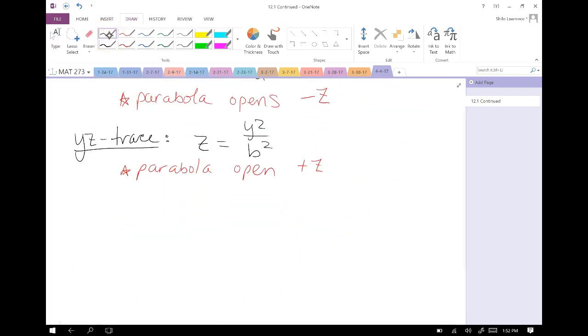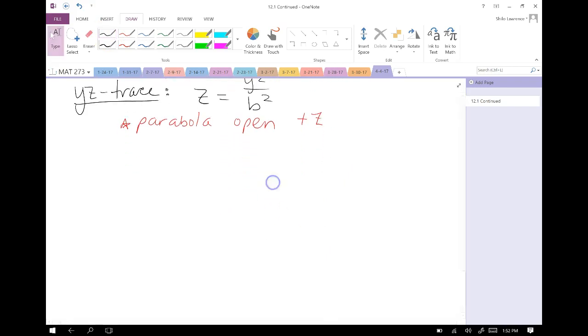Drawing this thing is absolutely crazy. And I'm not going to draw the XYZ axes because that's just going to mess me up even worse. I don't even know where to start. So in the YZ trace, we've got a parabola opening in the positive z.